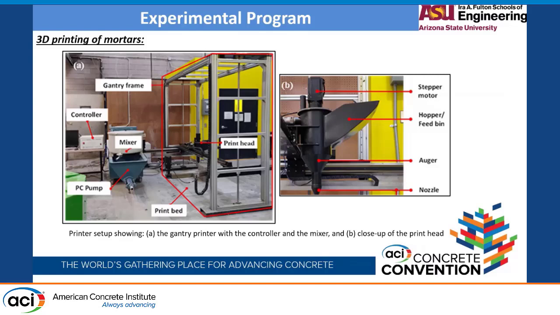This is a gantry-based 3D printer which can print extrudents in the XY plane, and then the hopper moves in a particular height based on the layer height that we have chosen for the print in the Z-axis to finally give us the 3D printed structure. We have a mixer, we have a pump which automatically feeds the material into this 3D printer, and this is the printing bed that we use.